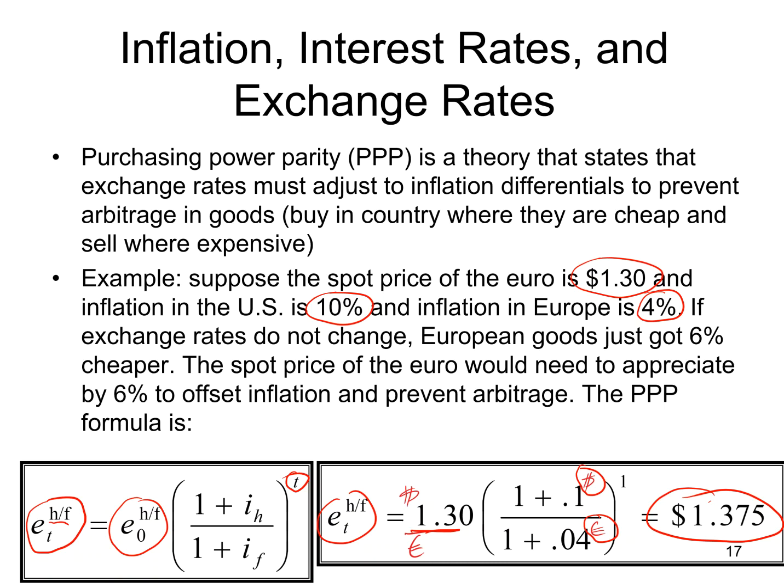The other way of thinking about how this happens in practice, if the inflation actually did happen and European goods got cheaper, there'll be a lot of incentives for Americans to sell their dollars, buy euros, and buy European goods. Well, that practice of Americans selling dollars and buying euros to buy their cheap goods is going to bid up the price of the euro. So that's the way you can think about it, as kind of the mechanism for how this happens.